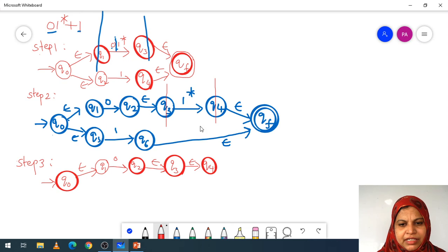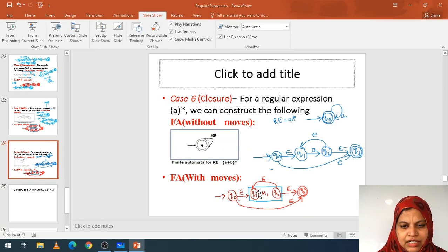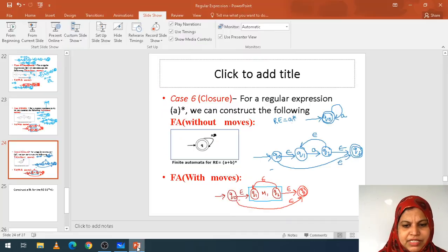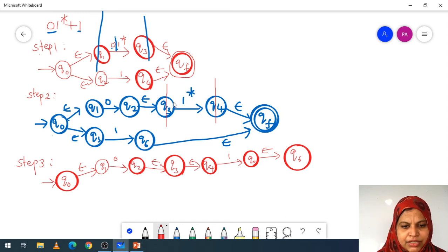What is my m here? M is 1. So this is my 1, q5, then after m, epsilon q6, epsilon q6, then here we are having one edge, here also we are having one edge. See here q3, from here we are performing the operation.